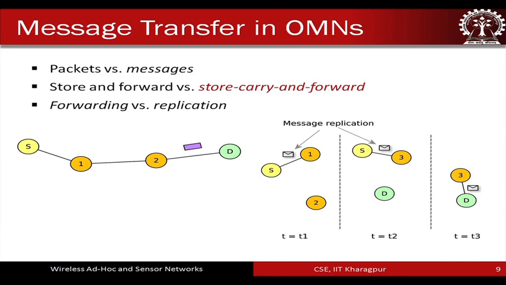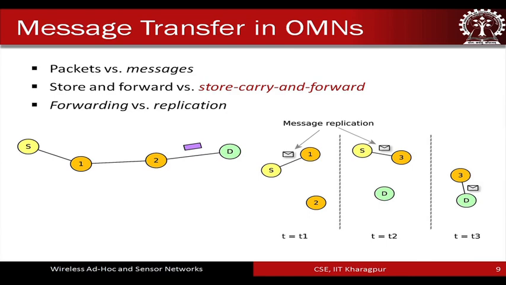At another time instant t equal to t3, node 3 moves from its current location and comes in proximity of node D, because of which they are connected, and node 3 is able to deliver the message to D. So what have we noted?